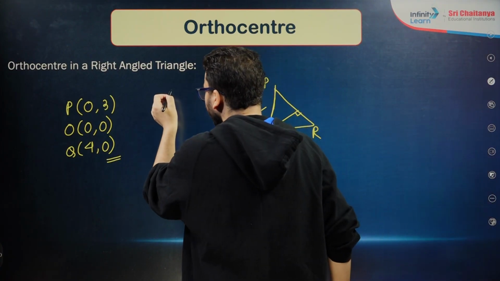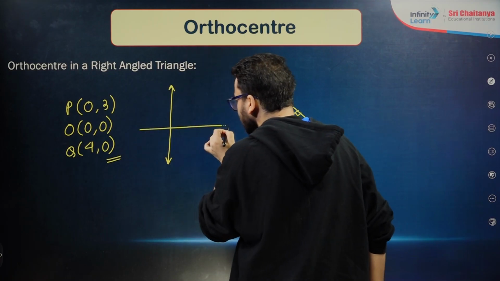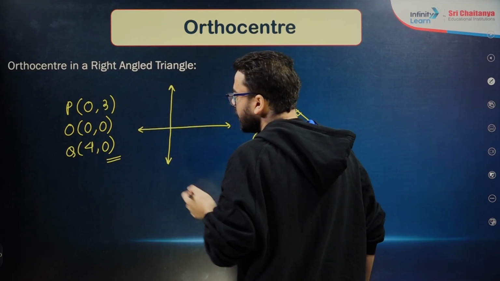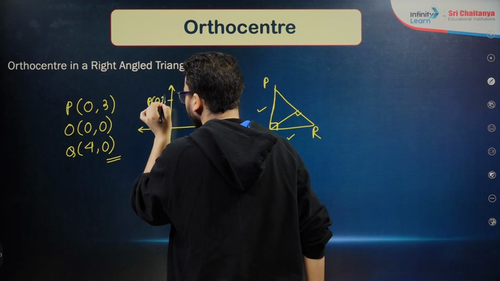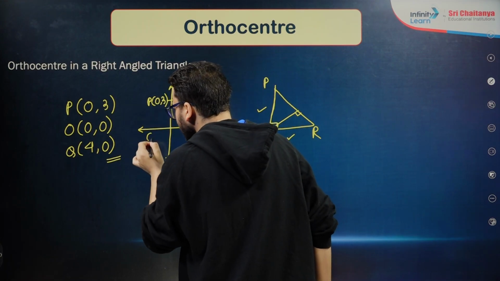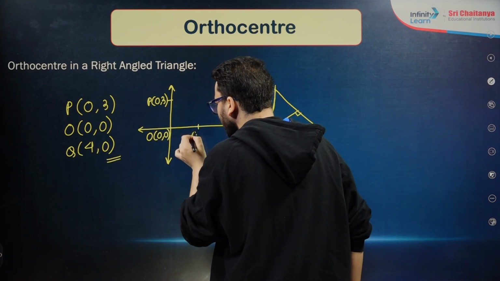So over here, if I draw in rough, if I plot these points in rough over here, this is P(0, 3), and then this is the origin (0, 0), and then this is (4, 0).